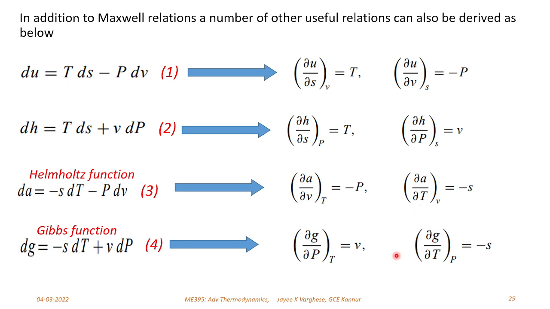Then we derived the Maxwell's relations, which are property relations taking place in the same phase. Now we have other relations like the Clausius-Clapeyron equation, which is derived for thermodynamic changes during first order phase transition.